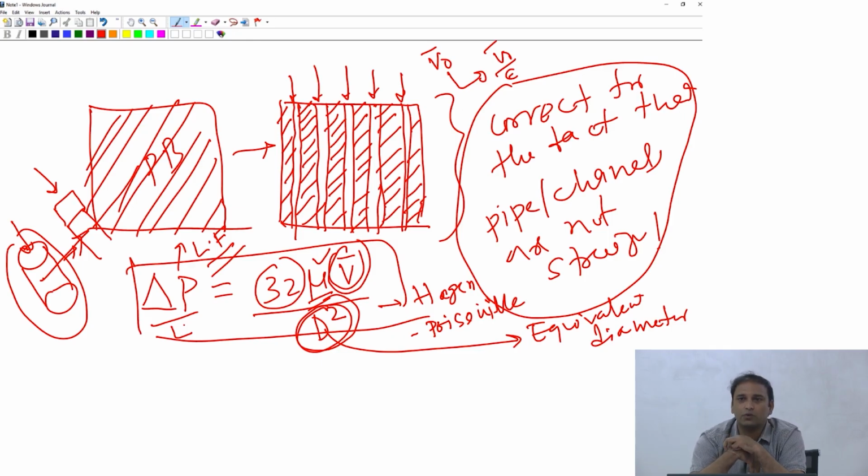What do you think one should be doing? I'm just going to say that the length of the tubes is the same as the length of the packed bed, and that the diameter of the pipe through which the liquid is flowing is, say, D equivalent.